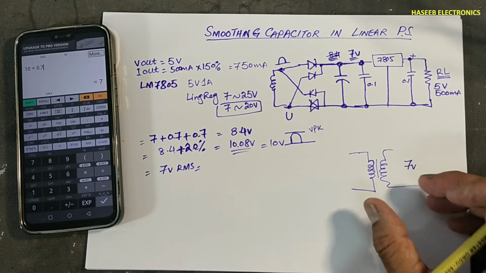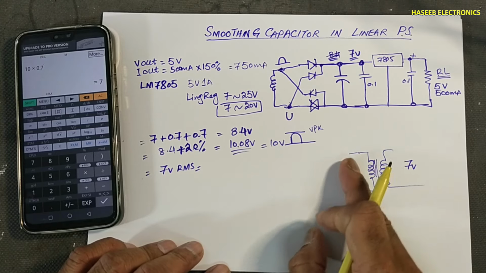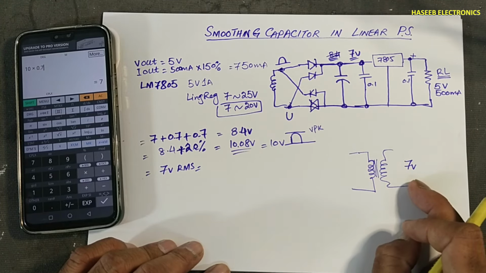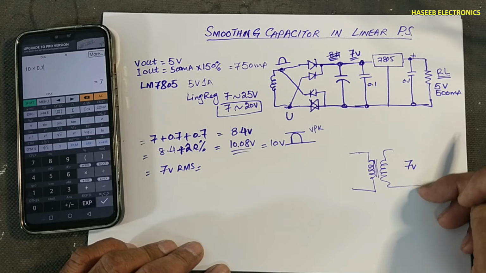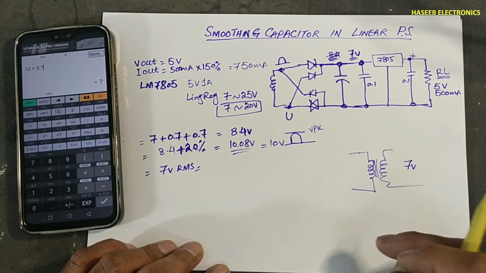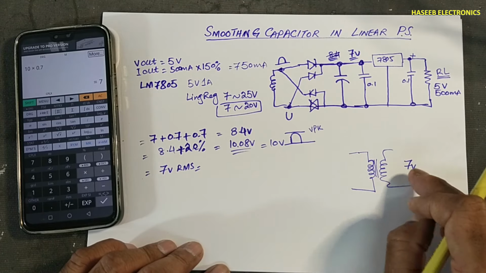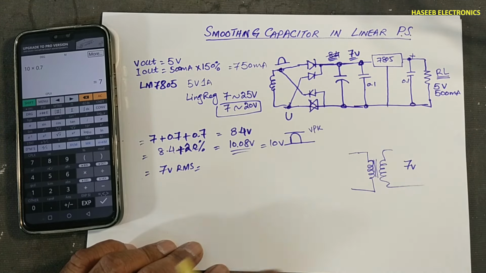When we are considering the voltage value, we need to take care that it is not a regulated source. If the line is dropped, this voltage will drop. If the line has swelling, the voltage will increase. We need 7 volt at dropped line voltage.